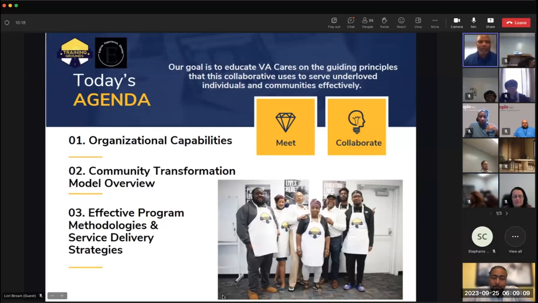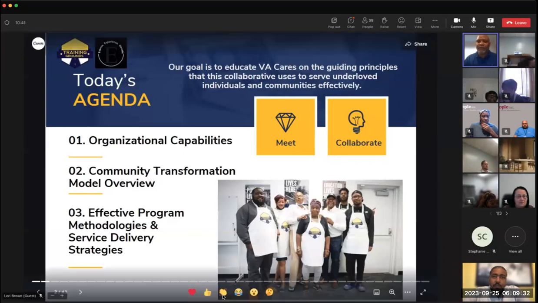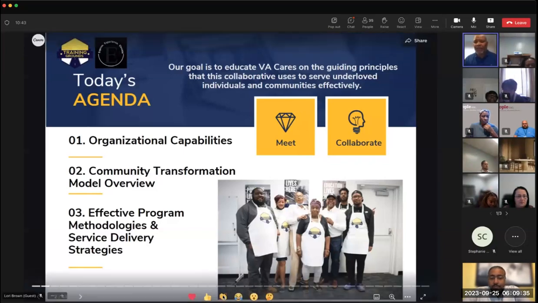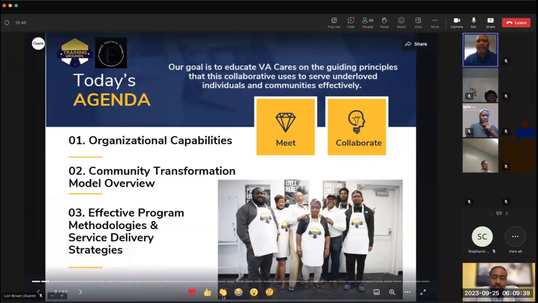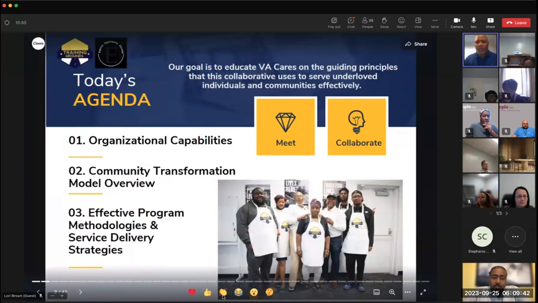But I wanted to share the capabilities of Training Grounds: the ability to customize and bring valuable solutions into any community on the planet by way of the model that we have been able to develop over the past almost 20 years. Everything from youth development, youth leadership development, and you're going to hear about a lot of this moving forward today, as well as a lot of work that we have done.